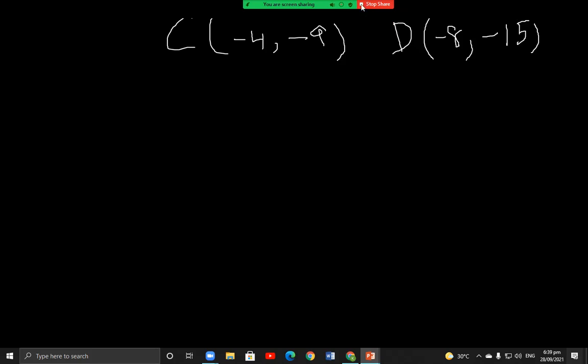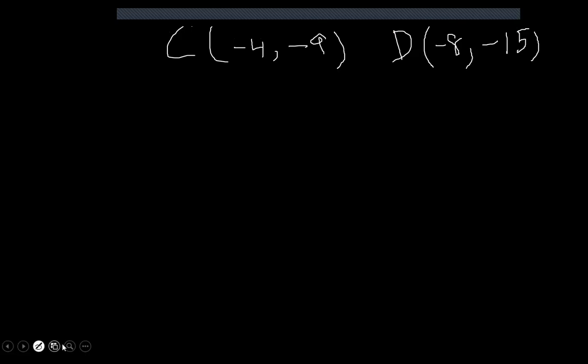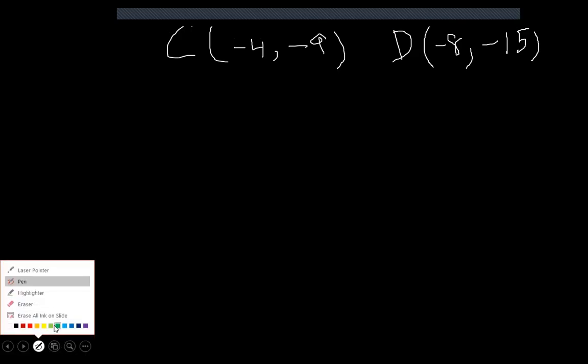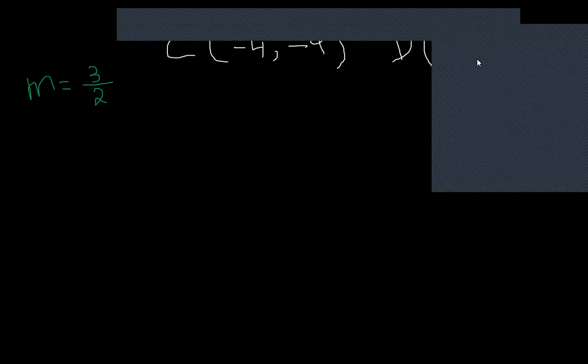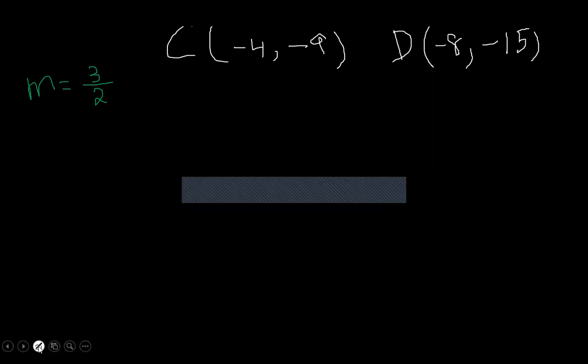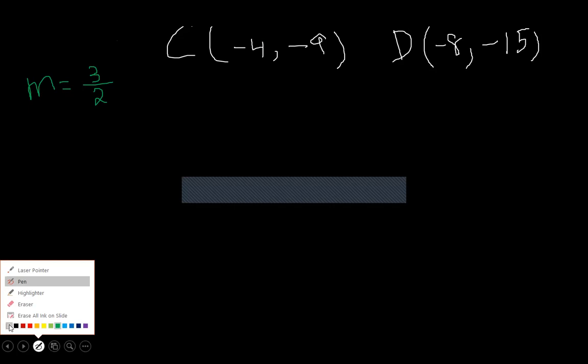Yes, I got an answer. Okay, what's your answer? 3 on 2. M is equal to 3 on 2. Anybody else got this? Yes, ma'am, I got that as well. Nice, good job. That's the right answer.